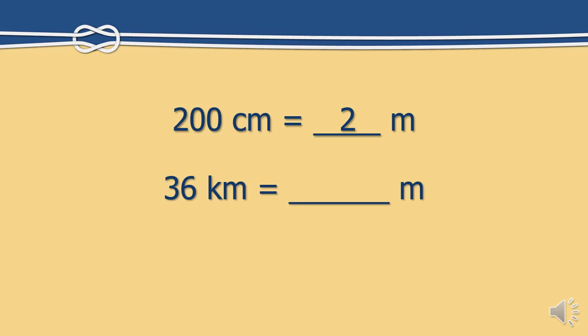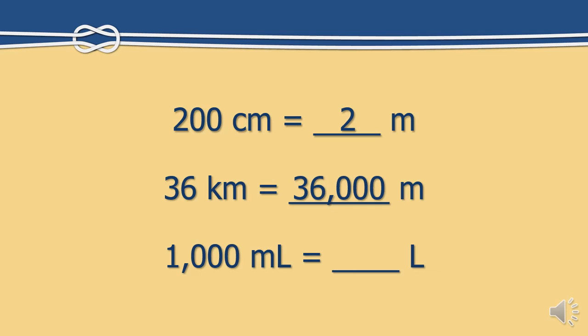And we're changing that to meters. Remember, in 1 kilometer, there are 1,000 meters. So 36 kilometers would be 36,000 meters. We have to multiply by 1,000. We have 1,000 milliliters. That's the same as 1 liter.